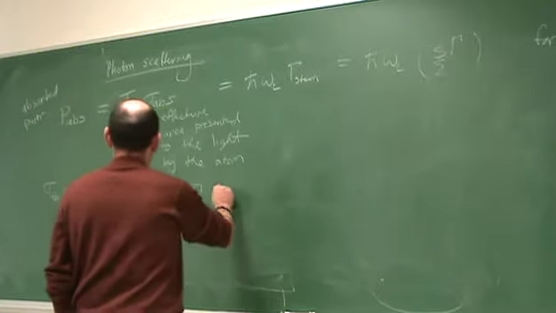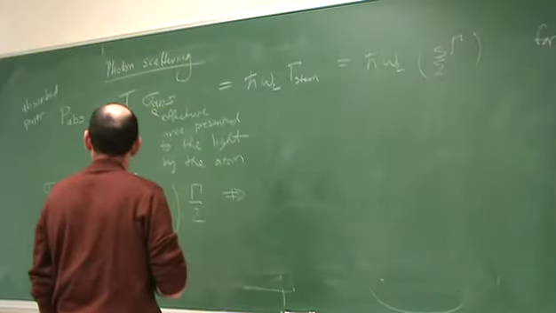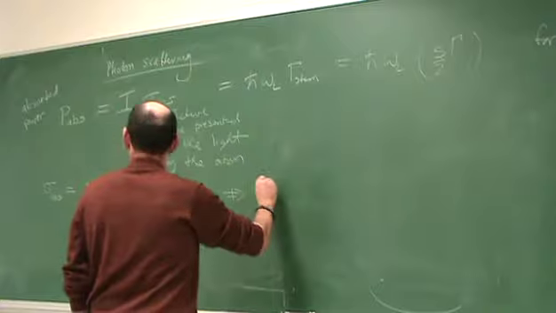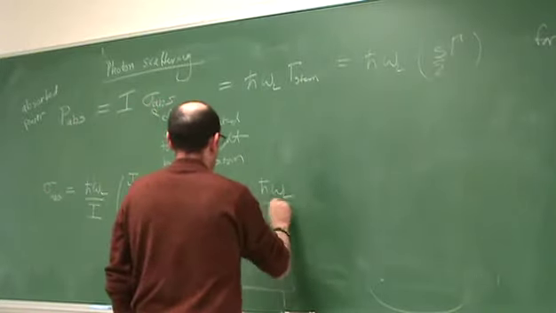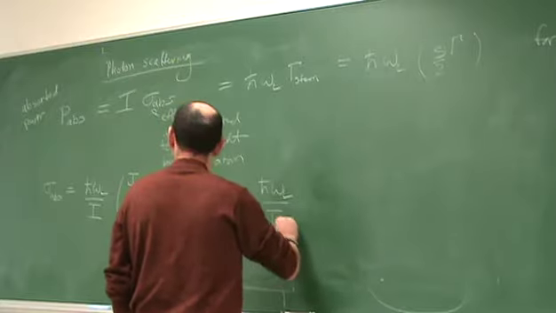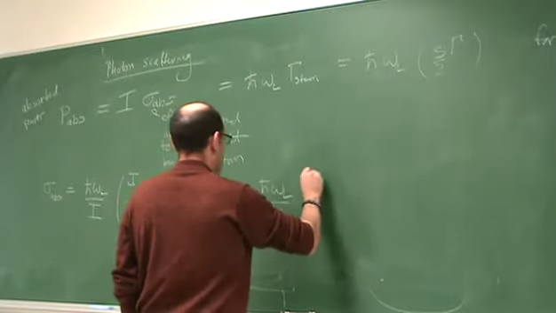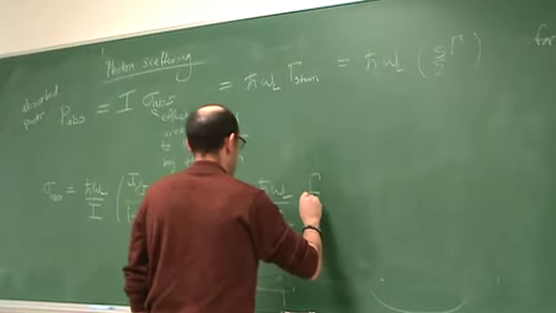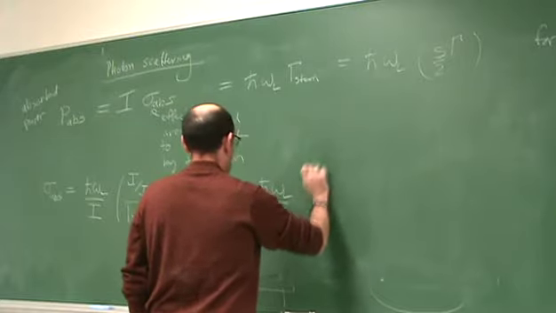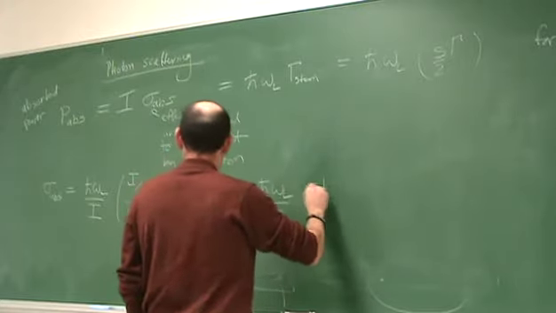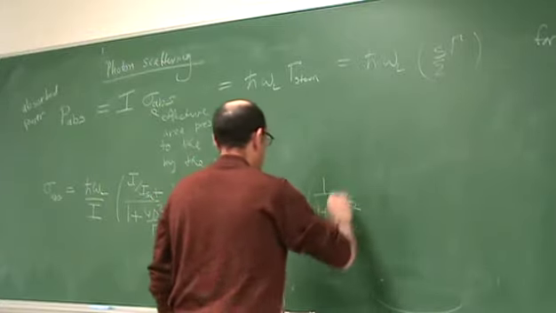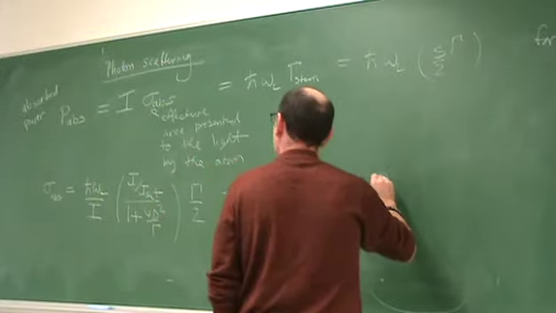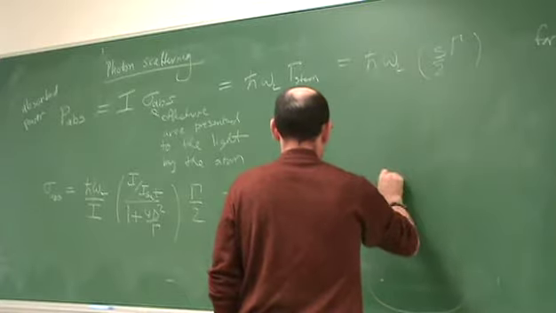So this then tells us this is equal to omega L over I sat over 4 gamma squared gamma over 2.